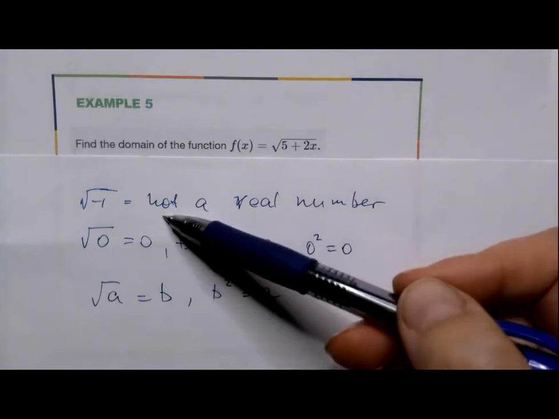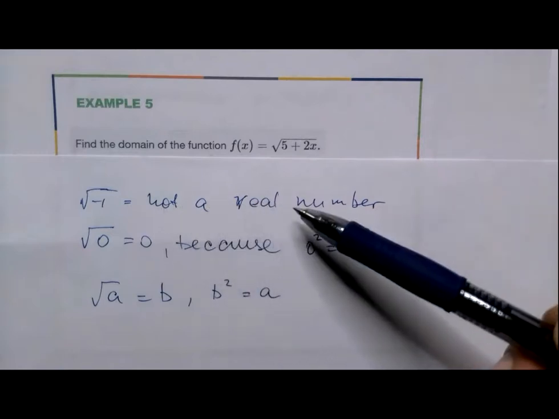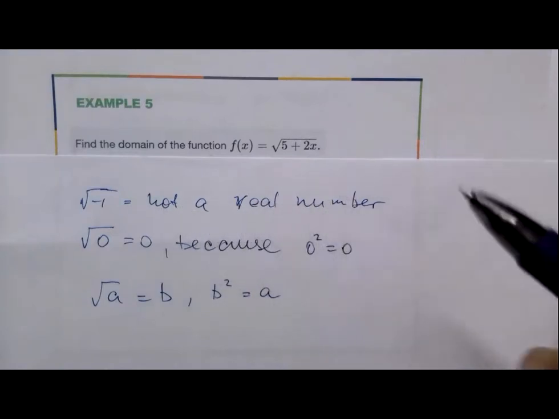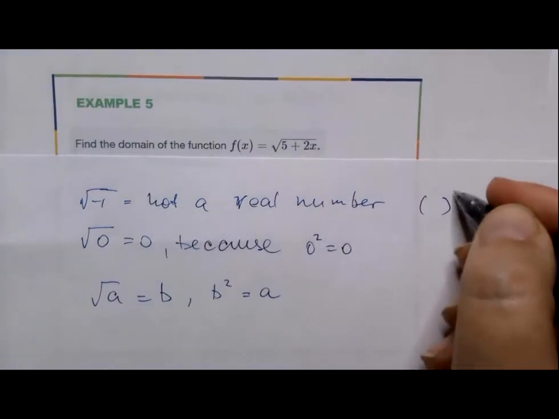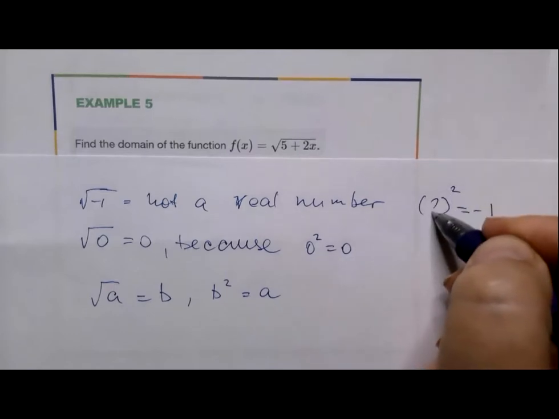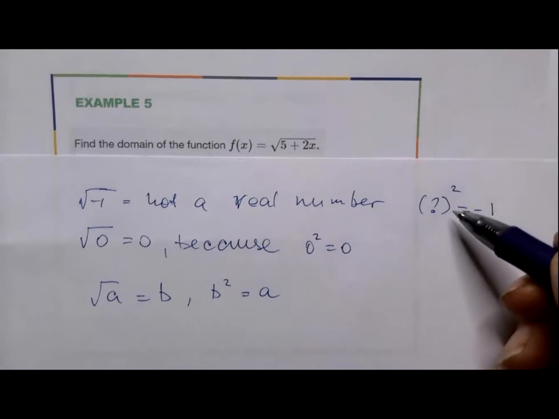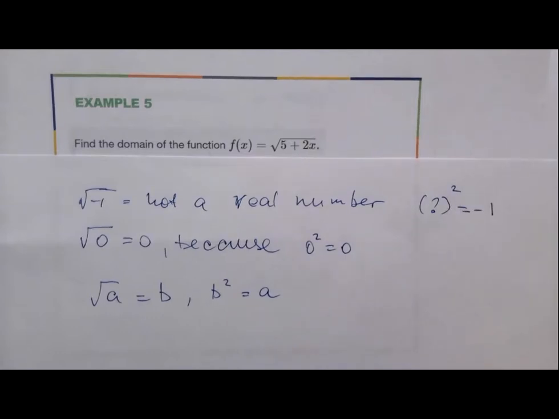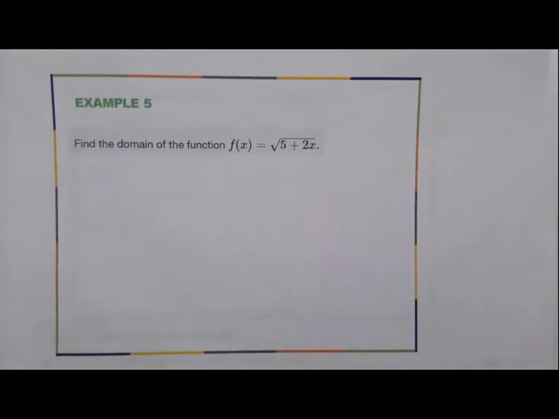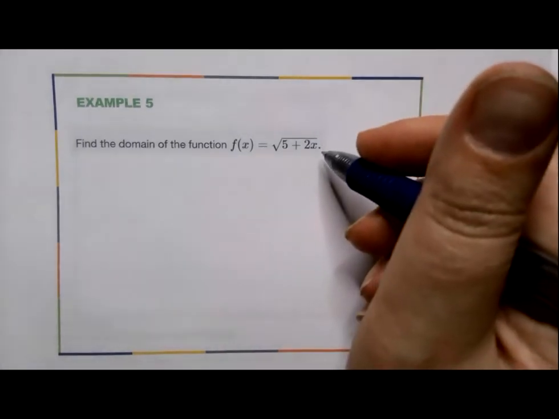So the reason that square root of -1 is not a real number is that we cannot think of a number such that when squared will give you -1, right? There is no such real number that when squared will give you a -1. So basically, that's the basis for our domain of the radical function.